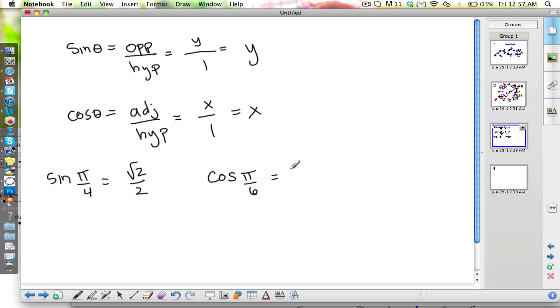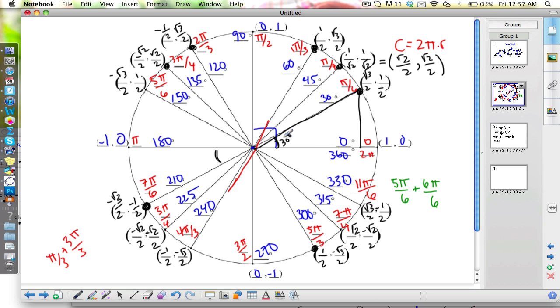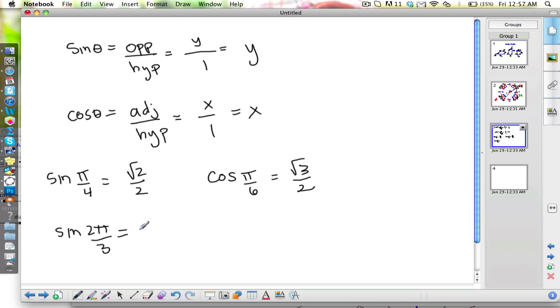Good. √3/2. What's sine of 2 pi over 3? Okay, so 2 pi over 3 is in that second quadrant, and I'm looking for the y value, so √3/2. Good. So that's √3/2.